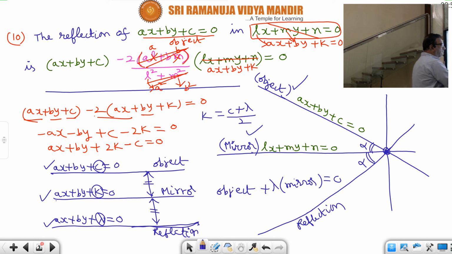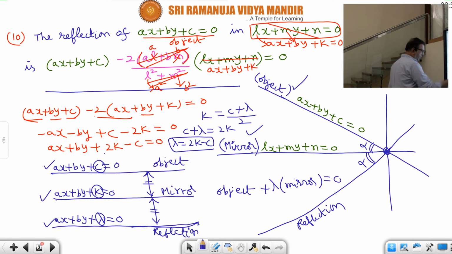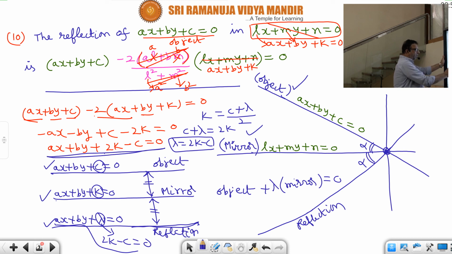So c plus lambda is equal to 2k. Then lambda is 2k minus c. So in lambda you replace 2k minus c. Then what is the answer? ax plus by plus 2k minus c is equal to 0. The same answer is given by the formula, is it not?